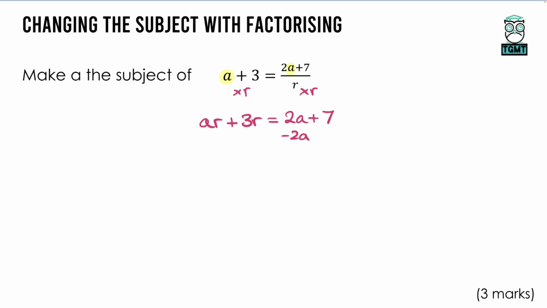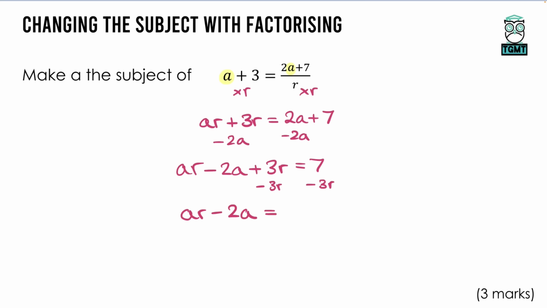So I'm going to minus 2a to the other side. Now we also need to minus 3r. You can do that in one jump if you're happy doing so, but I'm going to move it in 2 steps. So I'm going to do ar minus 2a, and then we have the plus 3r, and that's equal to 7. Now I'm going to minus this 3r, so we have the a's on their own, and that's going to make it ar minus 2a is equal to 7 minus 3r.